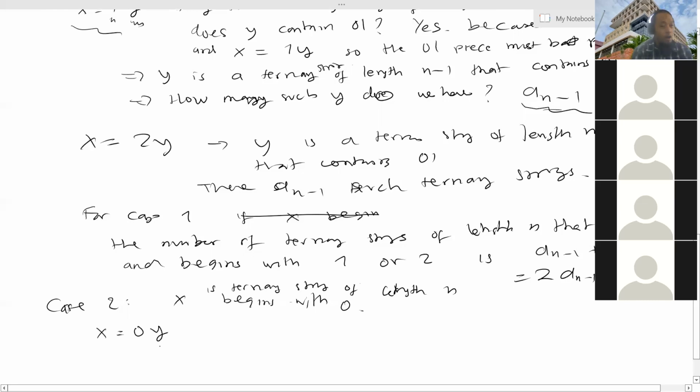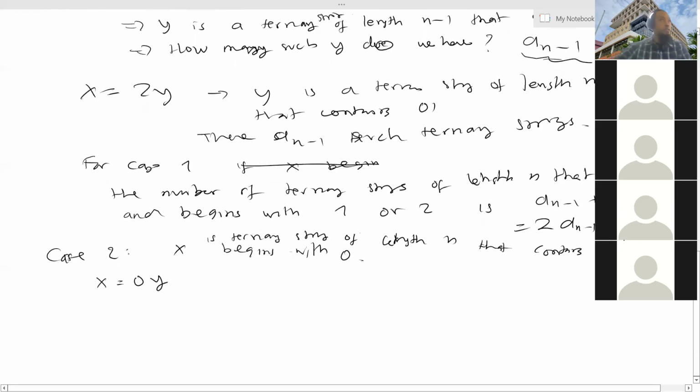But since X begins with a 0 and X also contains 01, we have different possibilities, right?